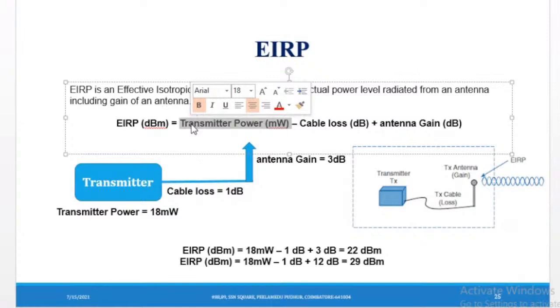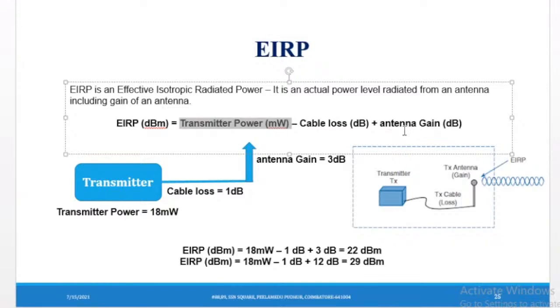The cable loss is 1 dBm, as we are using optical cable for the antenna connection. And then the antenna gain. What gain am I going to use? There is a 3 dB antenna, a 12 dB antenna, a 5 dB antenna.